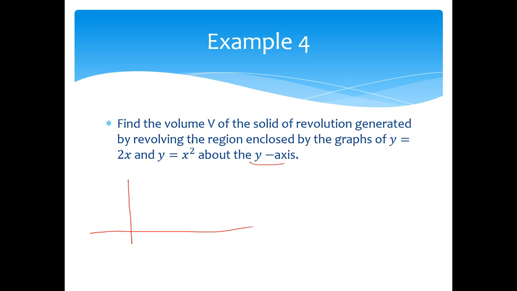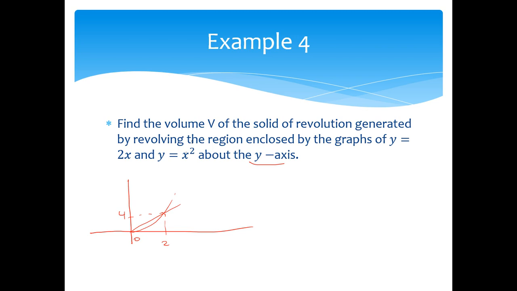The parabola graphs this way usually, and then the other one goes like that. The two functions are equal at 2, and they are equal to 0 at 0.